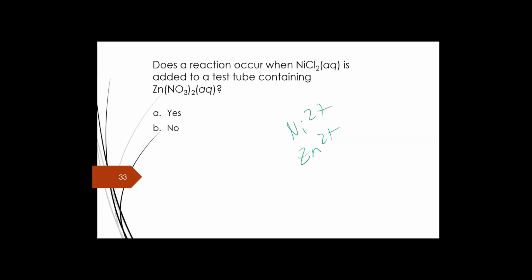Because there's no zinc as a metal, that zinc has already given away its electrons. It's already there in its oxidized state. So that nickel can't take any more electrons in order to turn back into nickel as a metal like it did back here. And so that's why we have no reaction taking place, because there's no one there that can oxidize any further.